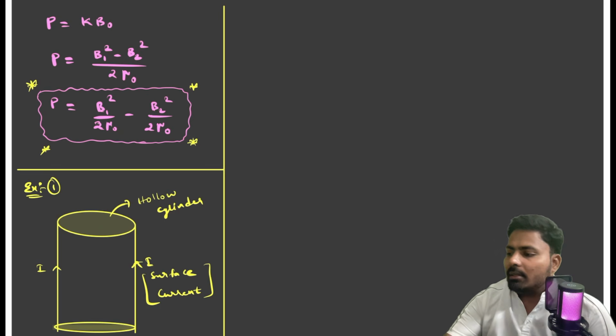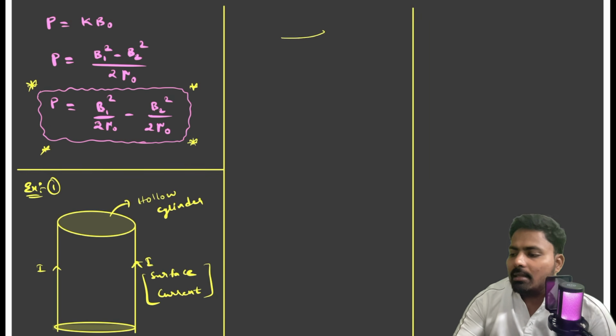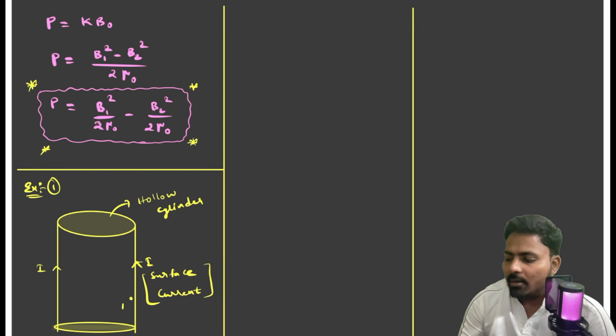The solution part is very simple. As we already derived the formula and understood the concept, let me take a point inside the cylinder, point number 2, and a point just outside, point number 1.